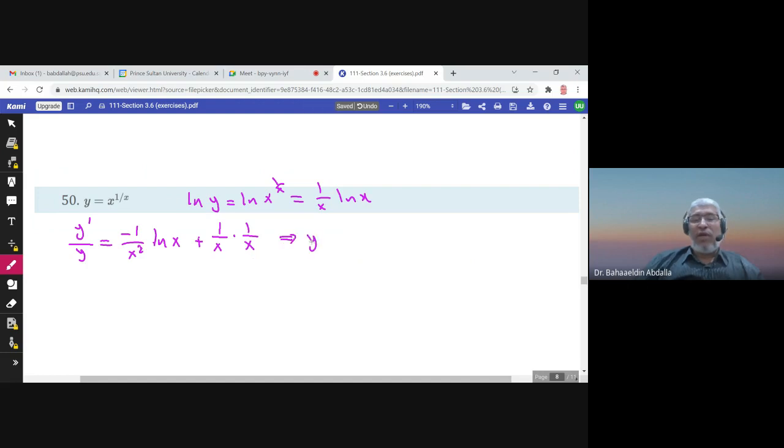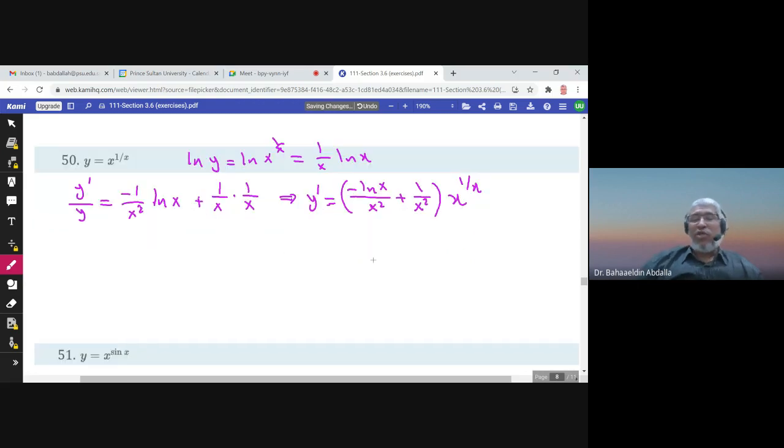And finally, y prime would be, I have here negative ln x over x squared plus 1 over x squared, times x to the power 1 over x. Of course, you can write it as (1 minus ln x) over x squared times x to the power 1 over x.